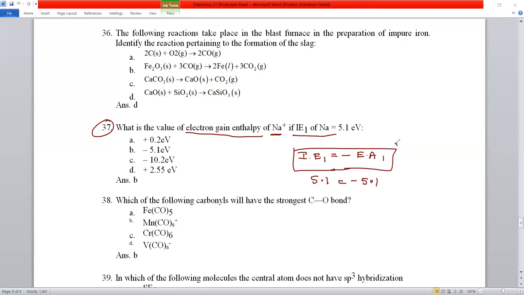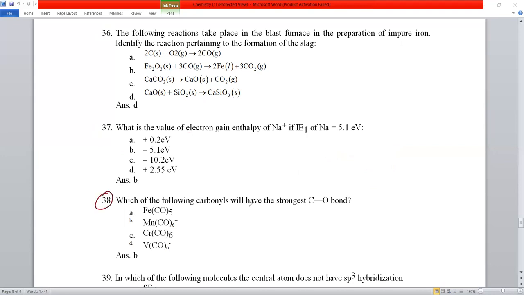It is applicable only for IE1 and EA1. IE2 and EA2 will not be equal. Okay, so the answer should be minus 5.1. B is the answer. Question number 38. Which of the following carbonyls will have the strongest CO bond? Strongest CO bond, students. This type of question is very important.